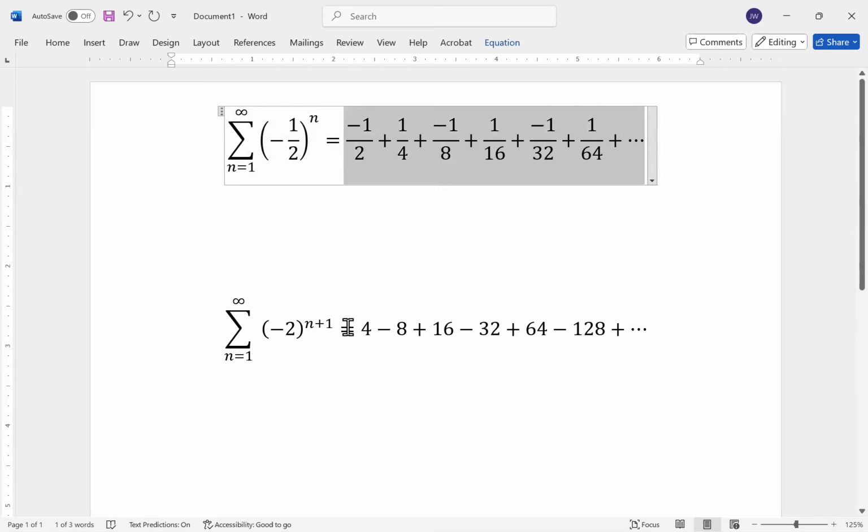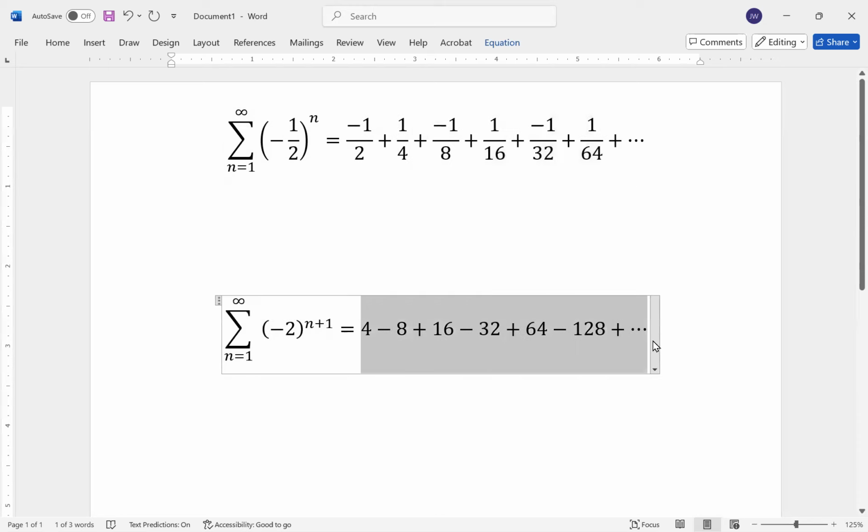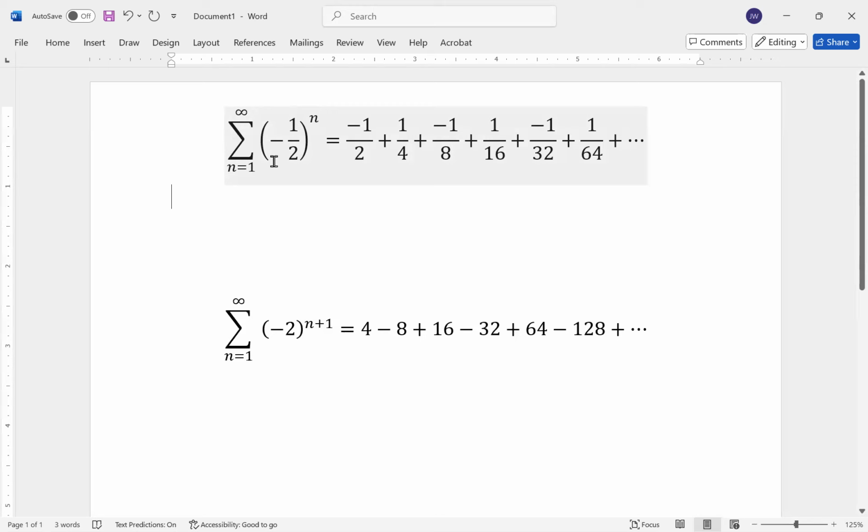And since r is in absolute value bigger than 1, in this series we would have divergence. So we can have converging alternating series and diverging alternating series. But the concept of alternating is flipping back and forth between negatives and positives. So every other term is flipping back and forth between negatives and positives.